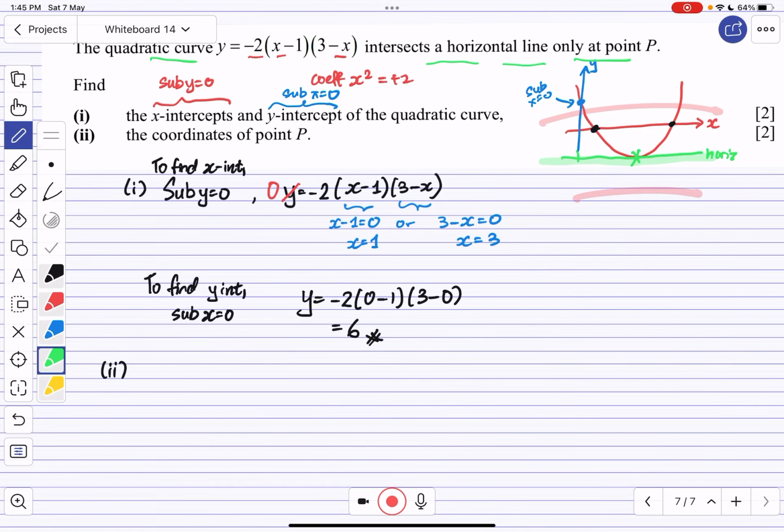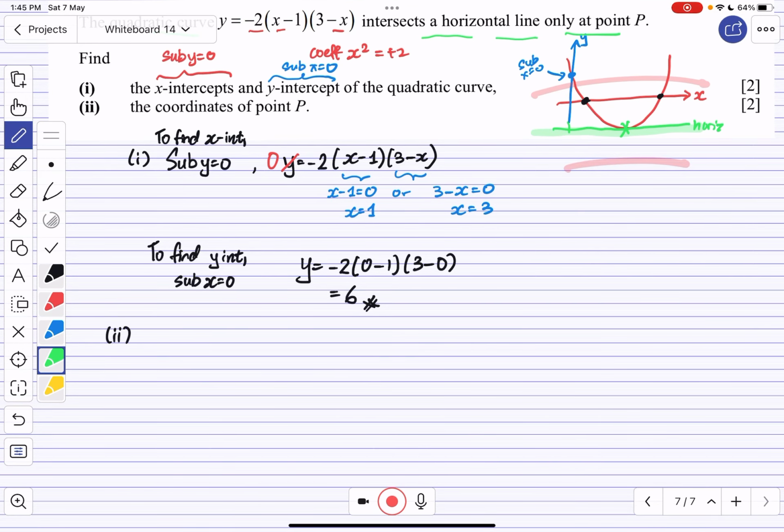Okay? So, how do we find this point? We first need to locate the turning point, because we know that it cuts at the turning point. So how do you locate a turning point?